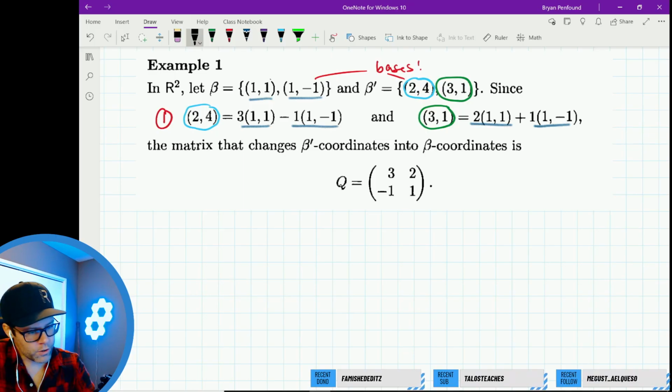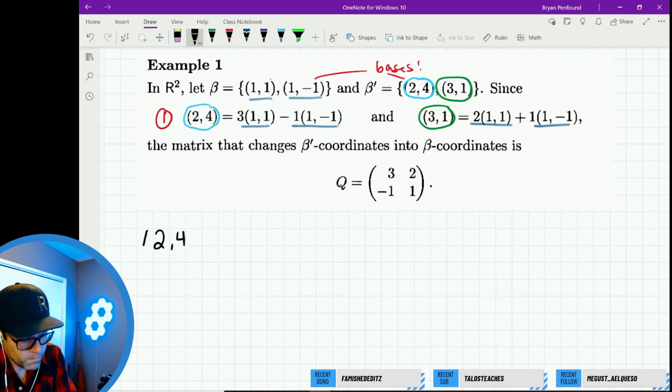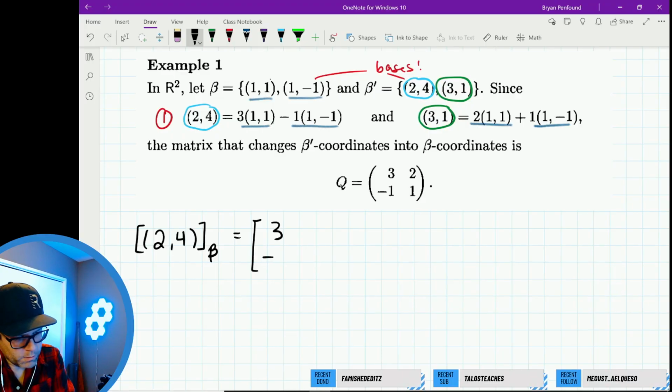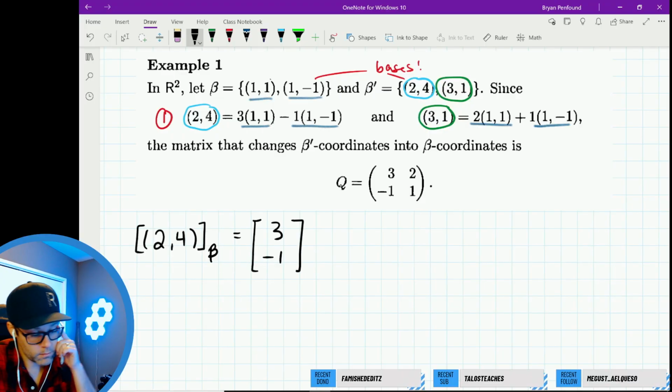So what we could do, in a linear algebra kind of way, is say that this (2, 4), with respect to basis beta, is completely determined by its coordinates. We could create what we call the coordinate vector, or the coordinate matrix, however we want to call it, with respect to basis beta.